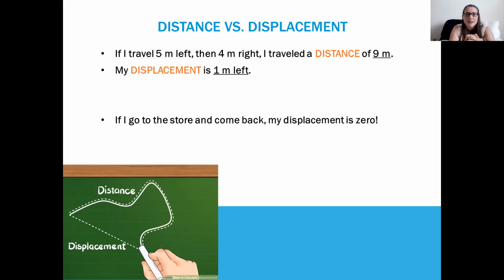I don't know if you guys keep track of your step counts, but you could have a 15,000 step day and you're like, oh great, look at me. Your displacement's still 0 if you come back home. That's kind of a bummer, but that's the difference between distance and displacement. Any questions about that idea?